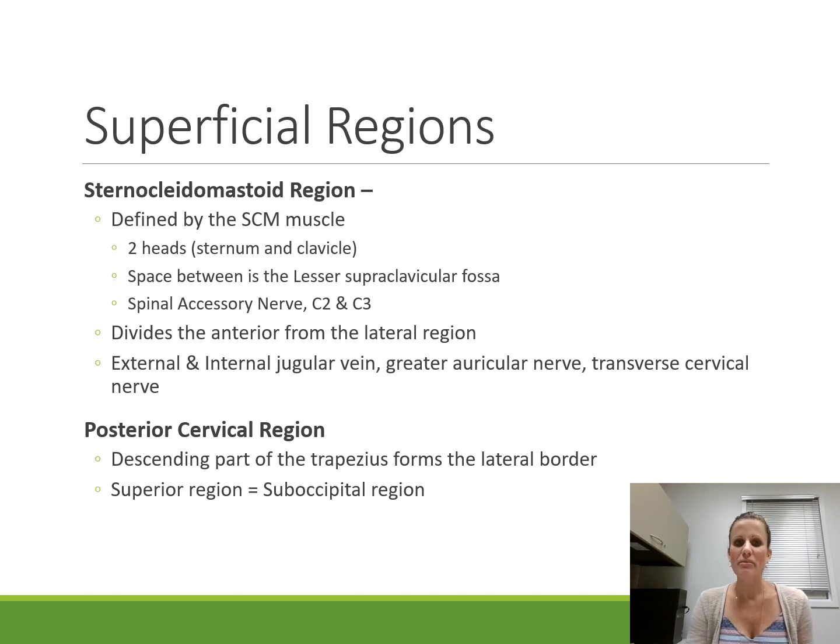We'll start by talking about the sternocleidomastoid region, just because it forms a border or the barrier between the other regions. The sternocleidomastoid region is literally defined by the sternocleidomastoid muscle. So it follows the line that the sternocleidomastoid goes.